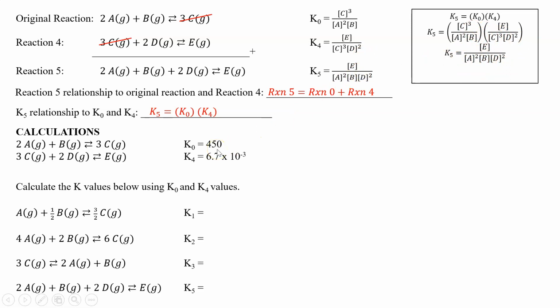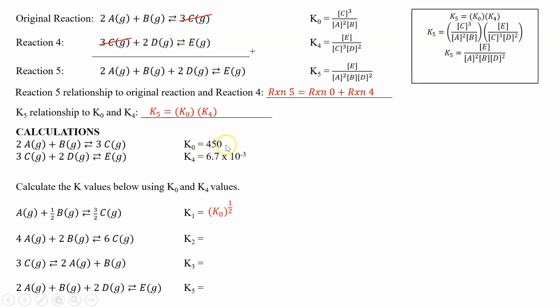Let's do some calculations based on what we just talked about, those 5 reactions. First of all, if I took reaction 0 and multiplied it by 1/2, what would I do? Well, I need to raise the K0 value to the 1/2 power.